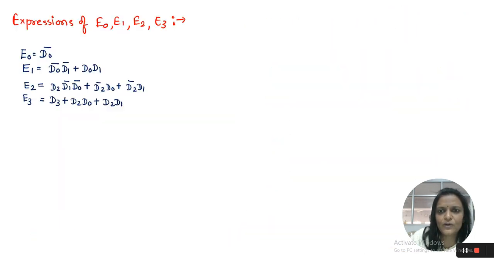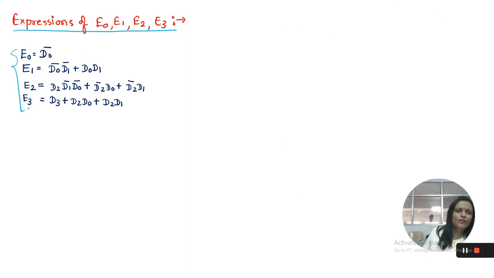First of all, we will write all the expressions which we have obtained using the K-map. I have rewritten these equations from the previous slides, so E0, E1, E2 and E3 are in terms of D0, D1, D2 and D3. Let us start drawing the logic gates.